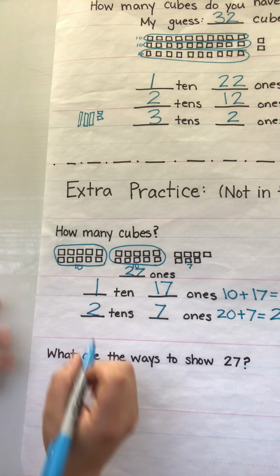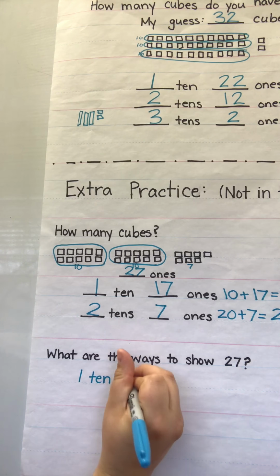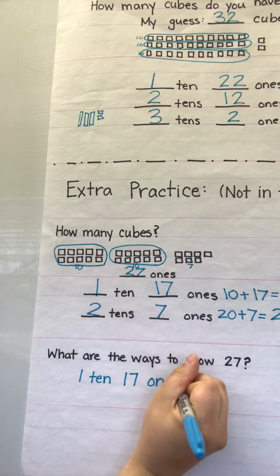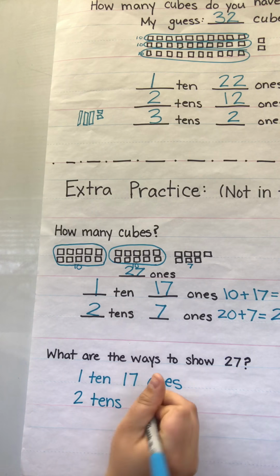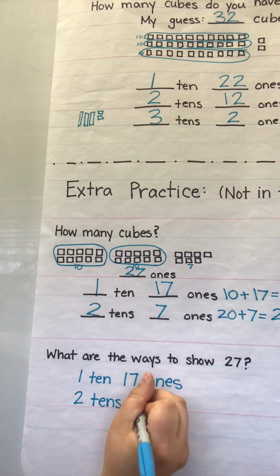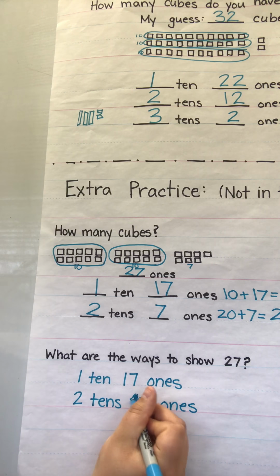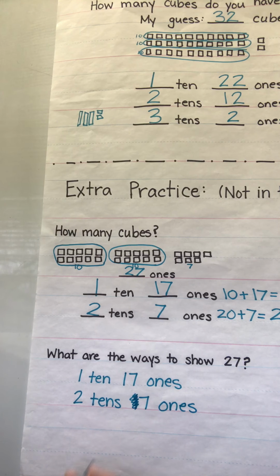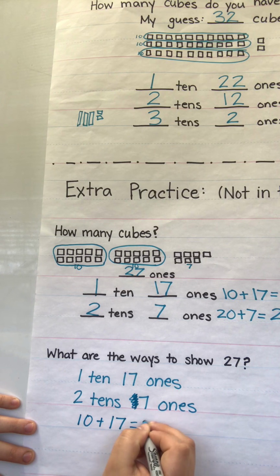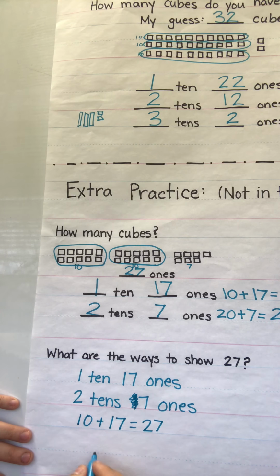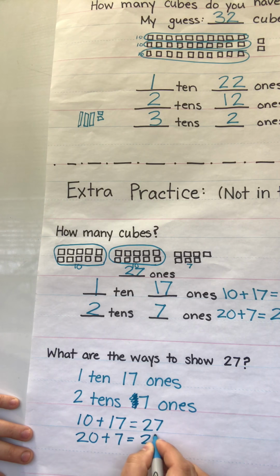So right here, I can tell you it's either 1 10, 17 1s, 2 10s, 7 1s, or 10 plus 17 equals 27, or 20 plus 7 equals 27.